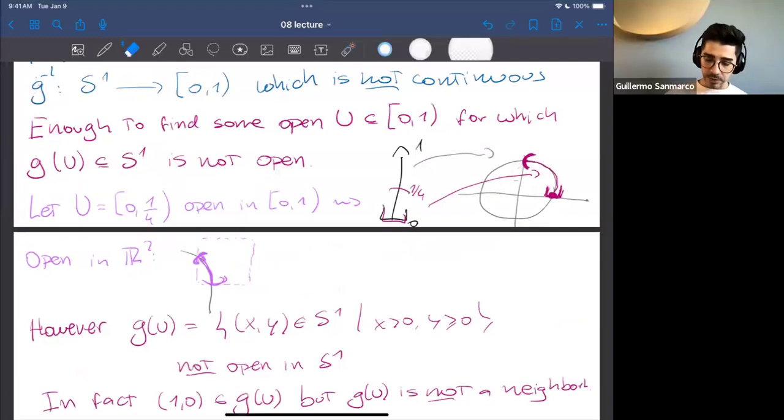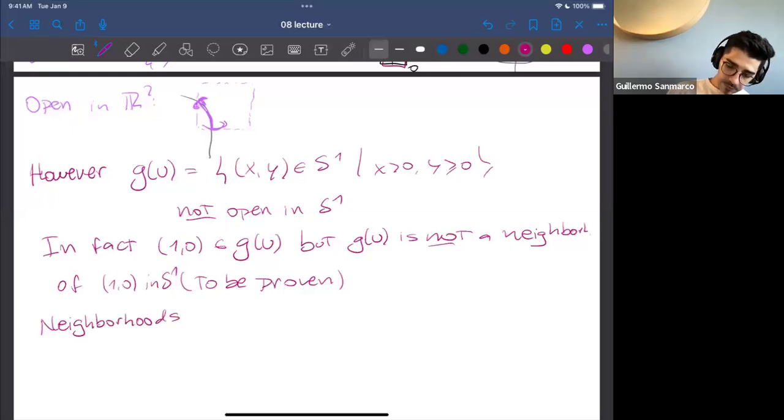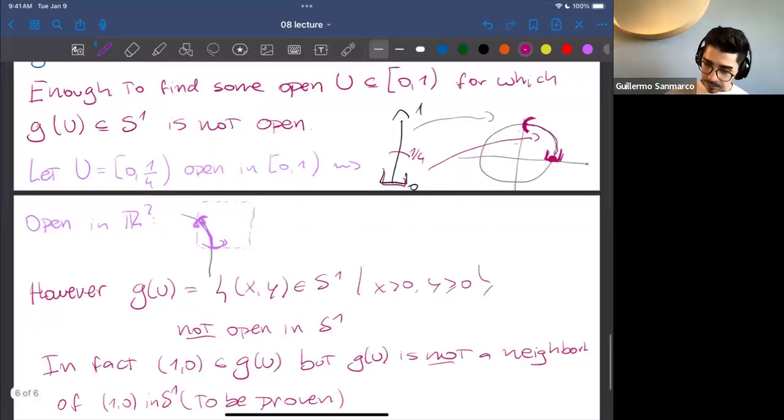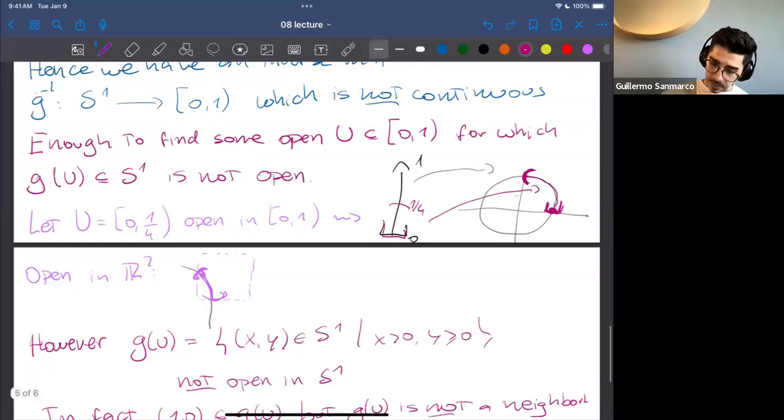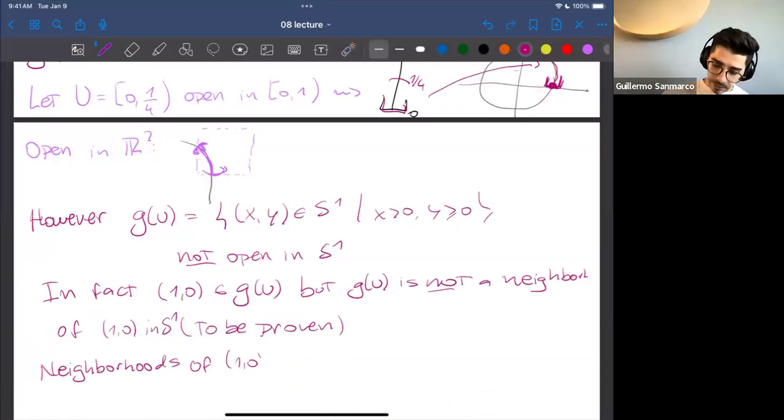So this is not a neighborhood of (1, 0). It's not hard to show, because neighborhoods of (1, 0) always contain points with negative second coordinates.